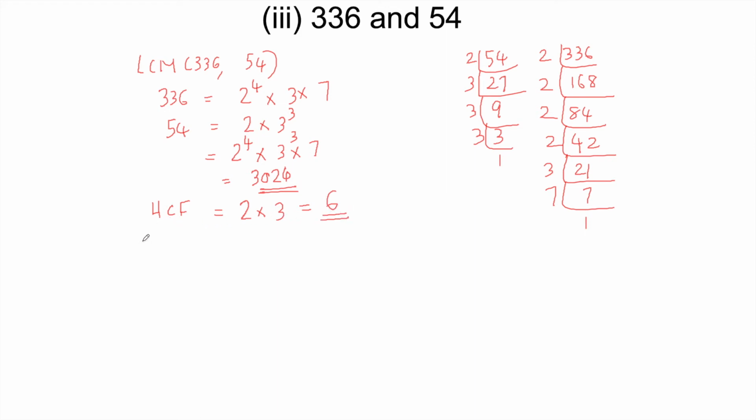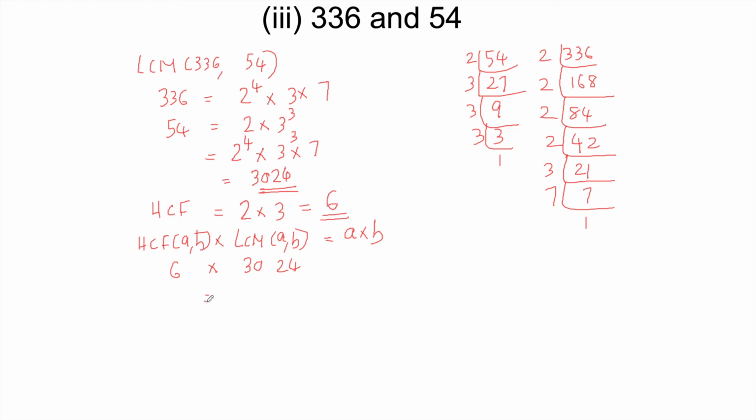Now we can verify the formula. What is the formula? HCF of A, B into LCM of A, B is equal to A into B. LCM and HCF, that is 6 into 3024.